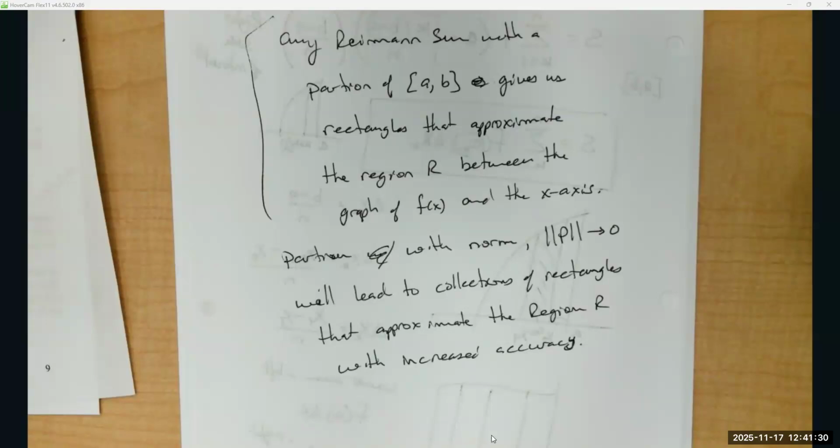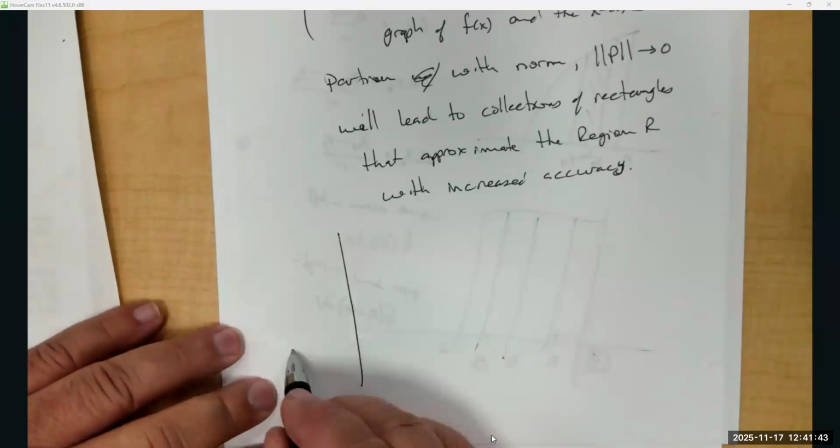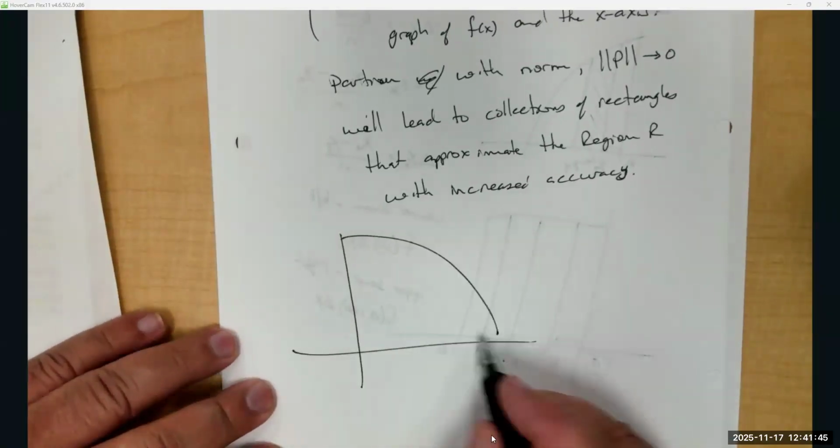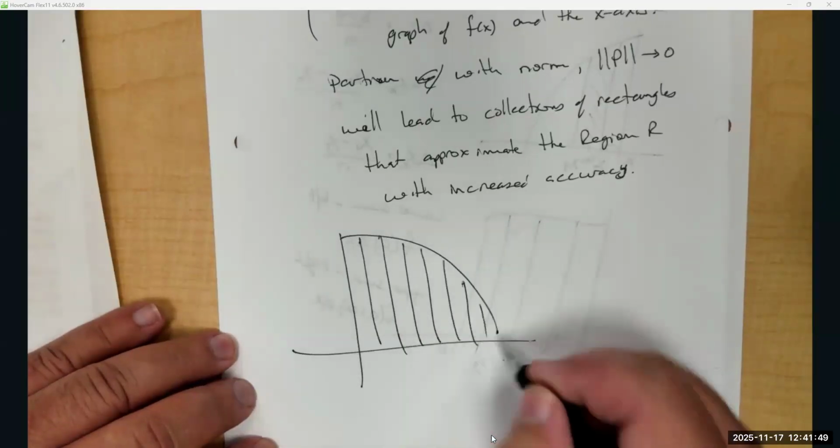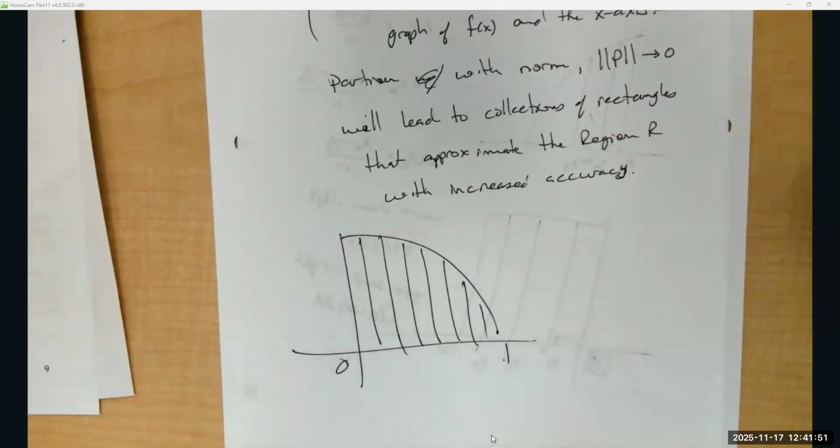Any Riemann sum with a partition of the closed interval gives us a rectangle that approximates the region between the graph of f of x and the x-axis. We partition this thing. It goes from 0 to 1. The more partitions we have, the more accurate it is.